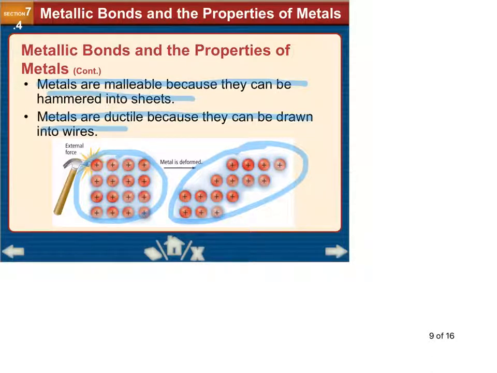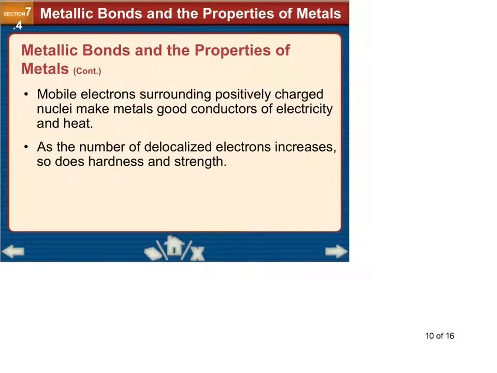So very malleable, very ductile. And these mobile electrons, the free electrons, make metals very good conductors of electricity and heat.